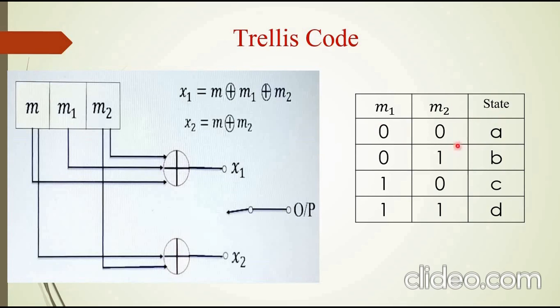If M1 and M2 are 0, 0, then it will be in state A. If 0, 1, state B. If 1, 0, state C. And if M1 and M2 both are 1, then it will be in state D.